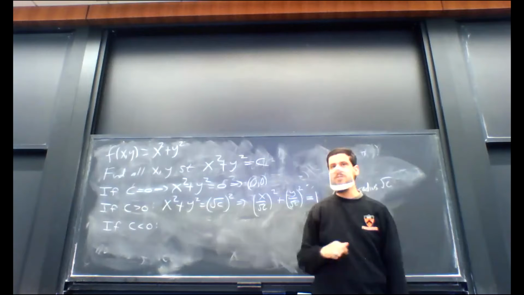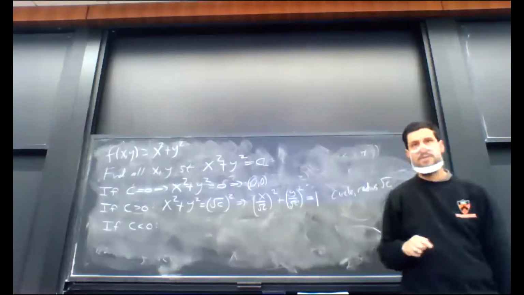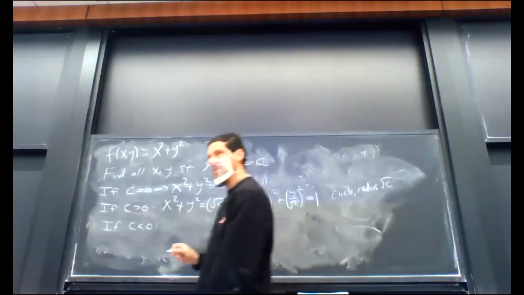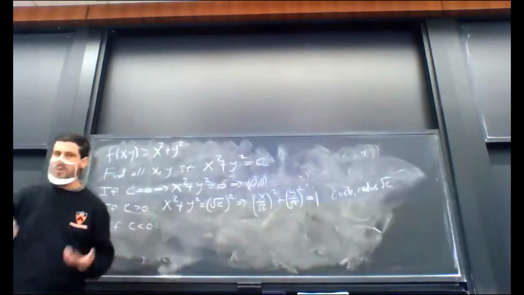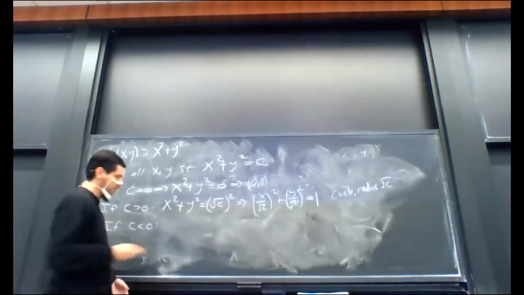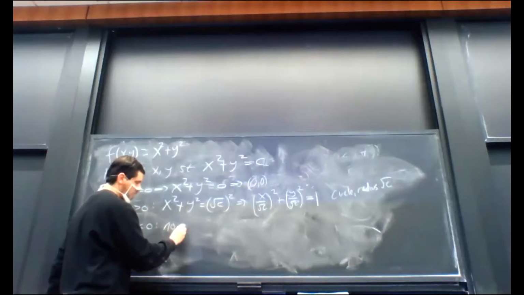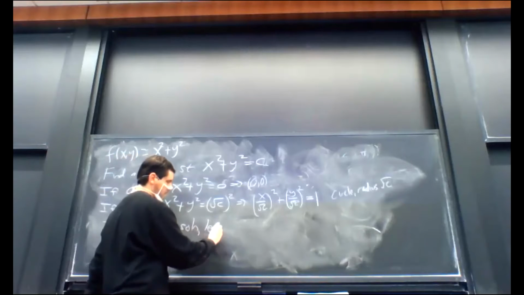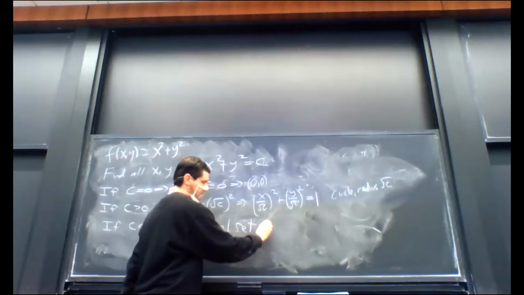What if c is less than 0? Can x squared plus y squared be negative? No. So no solution. The level set is empty.